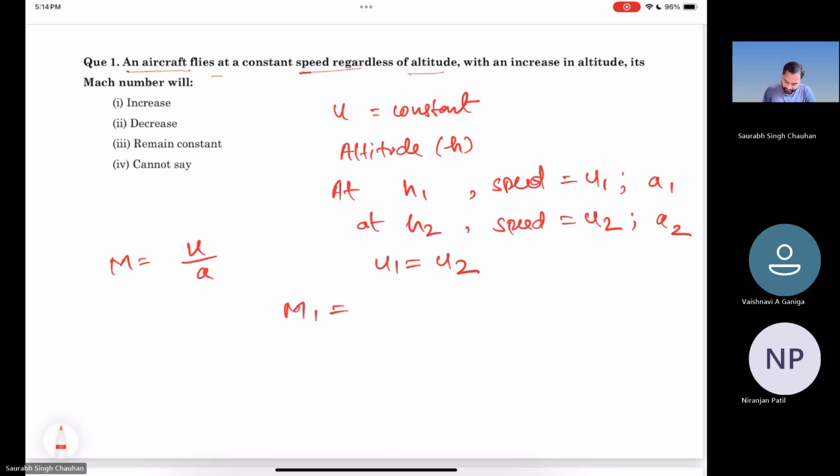So Mach number M1 you can write as u1 by a1, and M2 is equal to u2 by a2. u1 and u2 both are the same. So basically the question is asking whether the speed of sound will increase or decrease. I think this is a very easy question and all of you can answer.